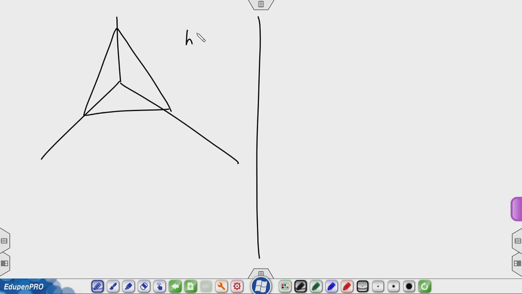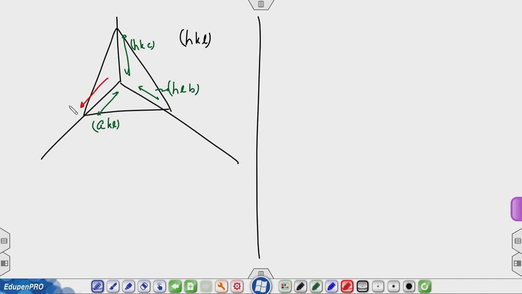This is my HKL plane, and I can say that this is A KL, this fellow is HL B, and this fellow up here is HK C. So, let me make this vector.